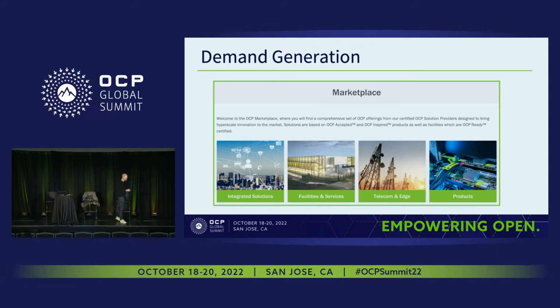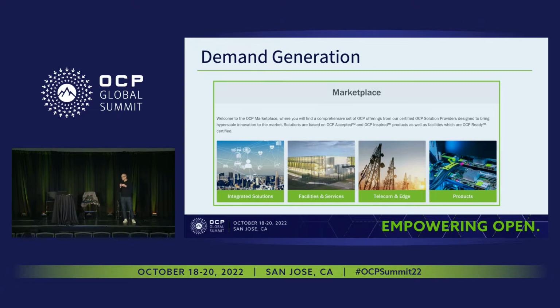So there's 4 categories. Integrated solutions. This focuses on companies that have taken OCP components, built their solution around it, whether it be software, services, in a rack configuration, and moved it out in the market. Facilities and services. Not only OCP Ready Facilities that I mentioned, but also ecosystem services.